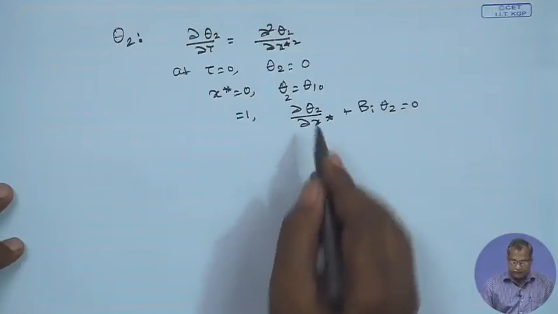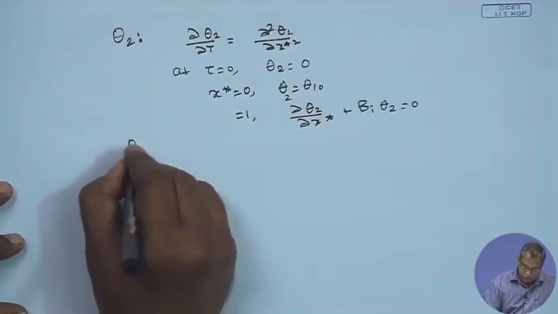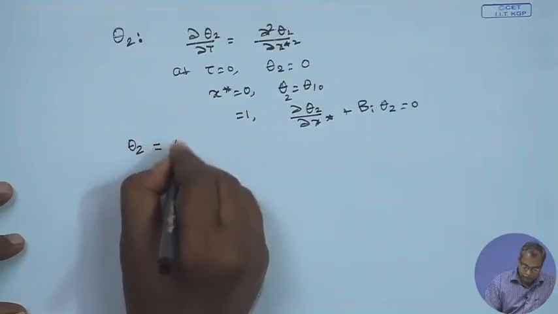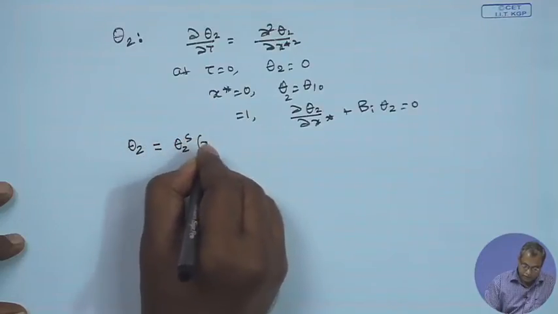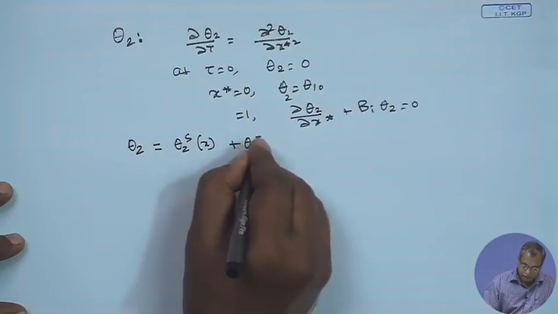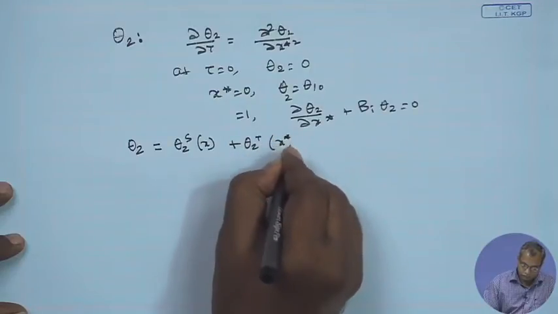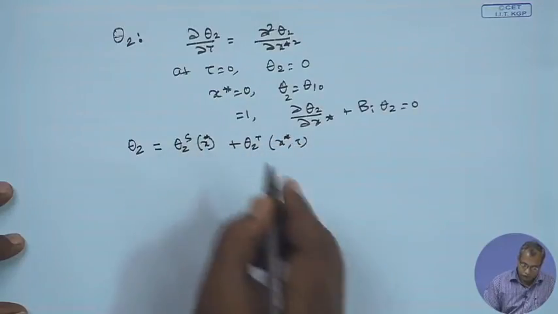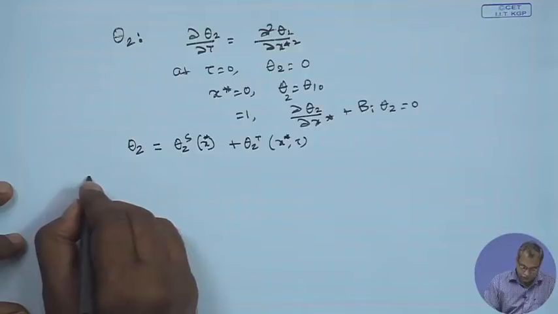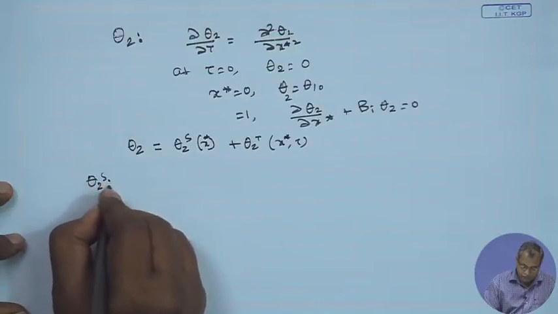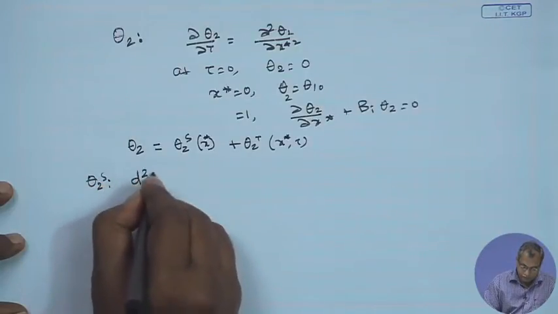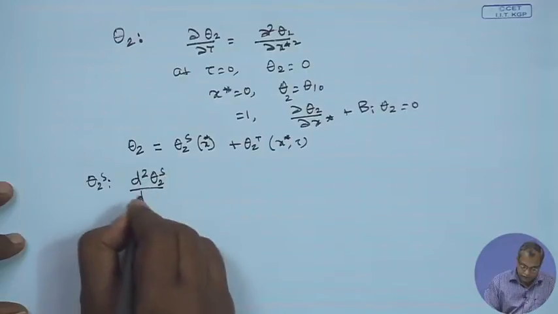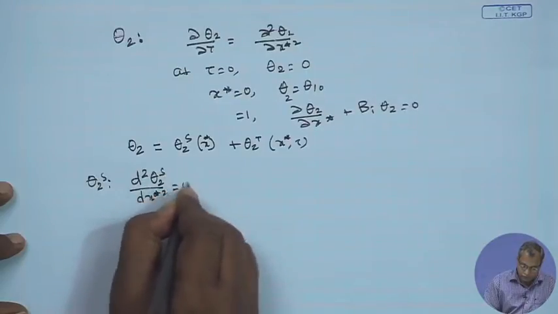Now, again, since we have a 0 initial condition, this problem has to be divided into two sub problems. One is the time dependent part, another is the time independent part. So, we can constitute the governing equation of θ2s, that is the time independent part: d²θ2s/dx*² will be equal to 0.